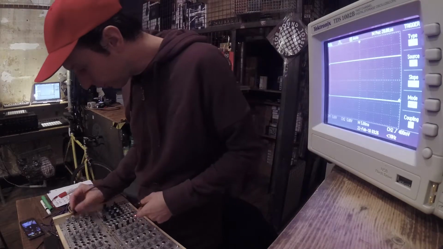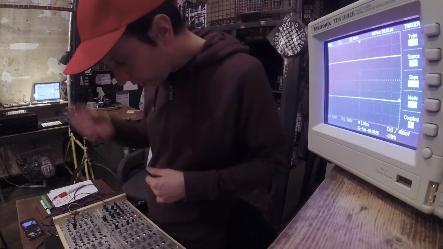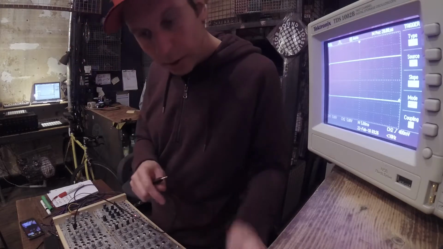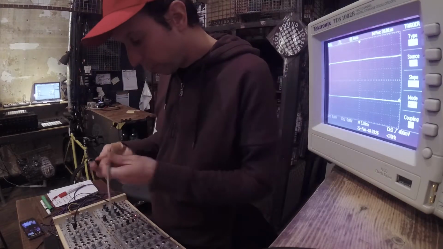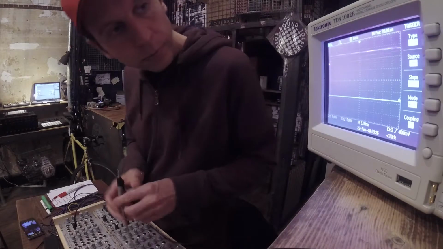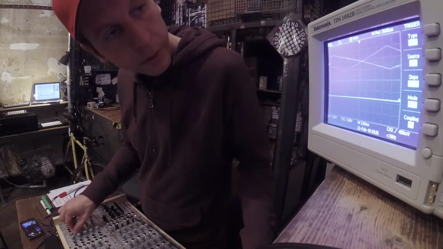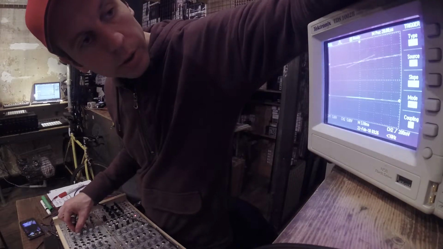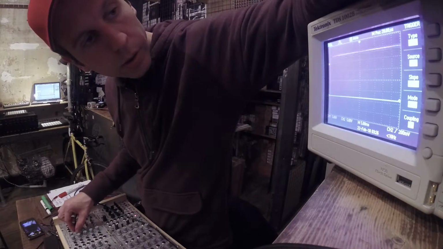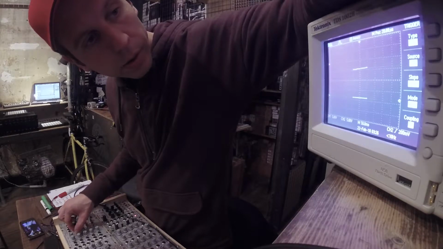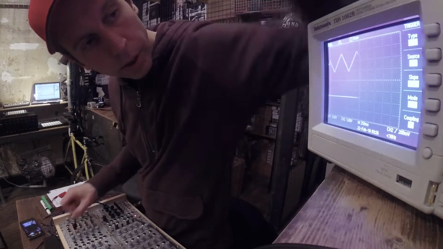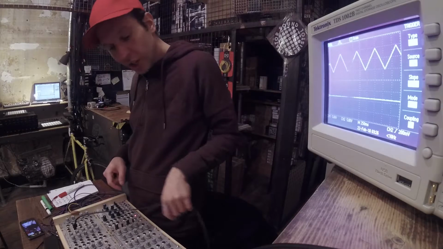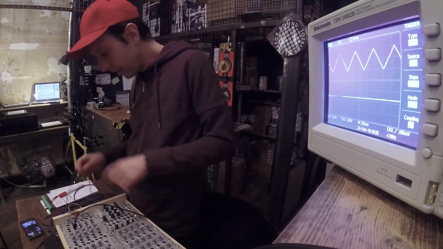So let's do that first. So here is my triangle. Let's look at the waveform. Okay. Well, actually, let's keep it control rate. Okay. So what you've suggested is gain the hell out of it.